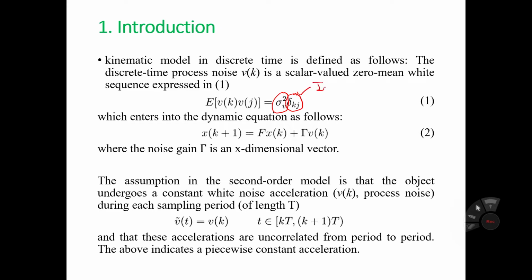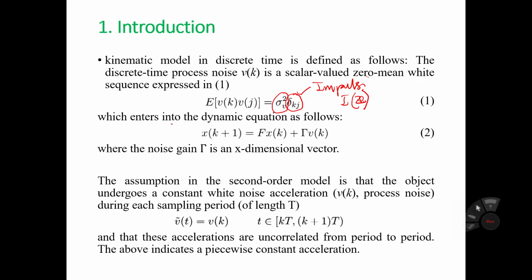In terms of program code, we can write the impulse like an identity matrix. And the expected value of the process noise has a zero mean and is a white sequence.